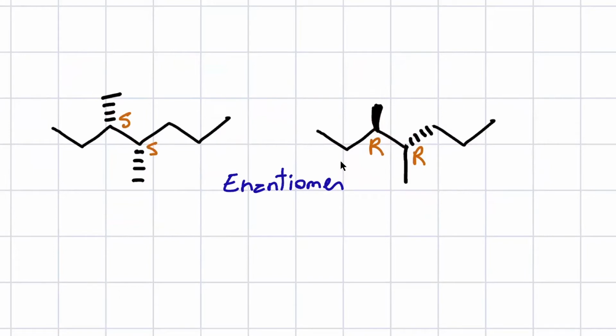And I saw that on the first molecule, on the left, we had two S chiral centers, but on the right we have two R, because those chiral centers are perfect opposite. I know that I'm dealing with enantiomers. I should probably put an S here.